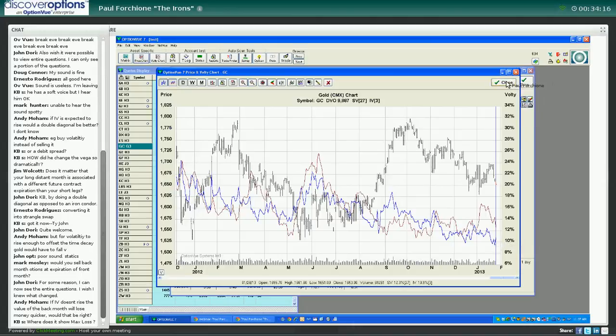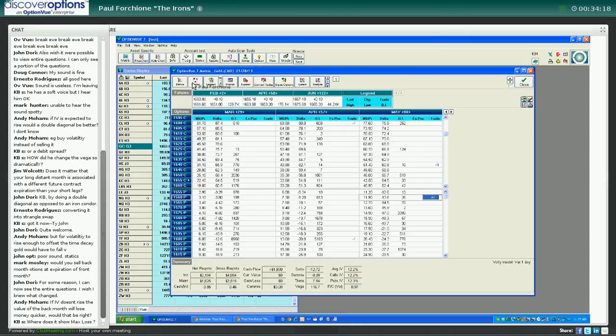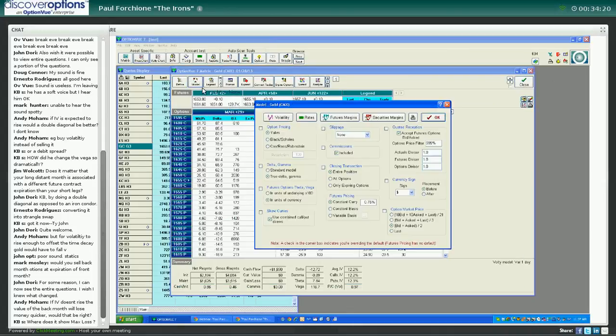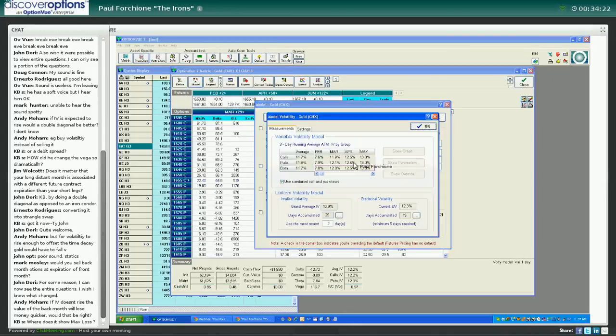It doesn't tell us anything about the individual months. However, if you go to model volatility and you look at each month individually, April and May, you can see that their volatilities are pretty close to one another.